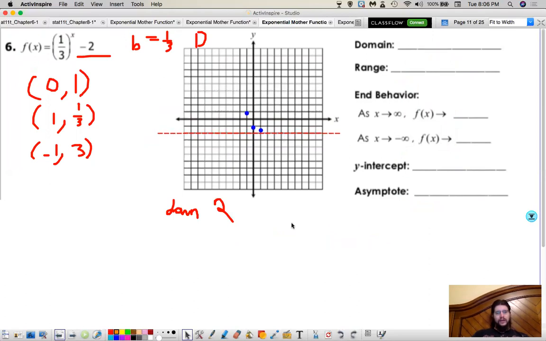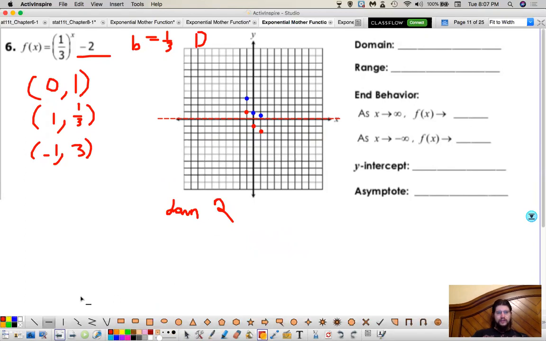Of course, you can't actually drag and drop on your paper, so let's see how we could do this on paper. You could plot these points down to, let's change colors. It was blue, let's make it red. Down 2, down 2, down 2, so something like that. And then my asymptote, I need to change that. Let's make it blue.